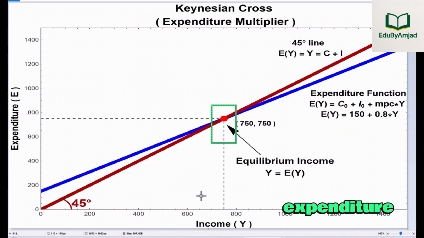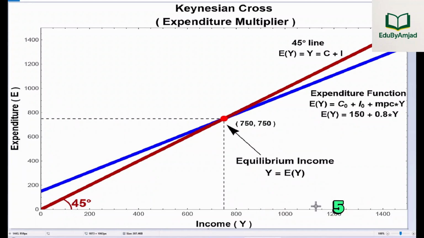Observe that the blue expenditure line intersects the 45-degree line exactly at 750 units of currency. This means that 750 is the equilibrium level of national income, the point where planned expenditure equals output. In other words, autonomous spending of 150, multiplied by the multiplier of 5, gives an equilibrium income of 750.